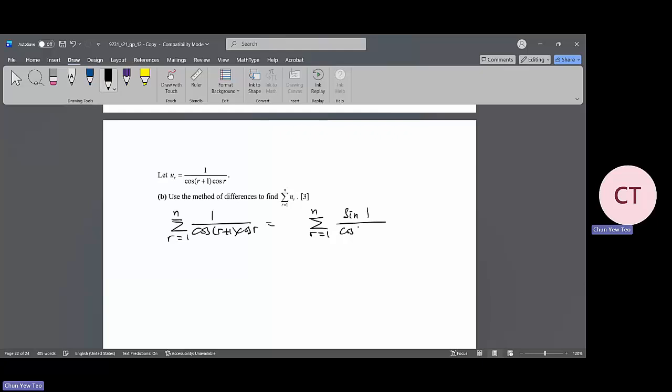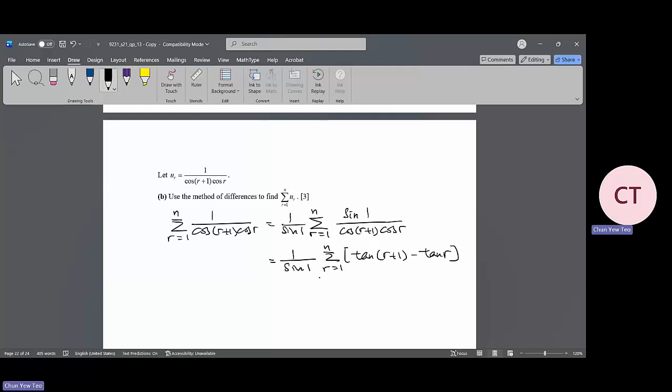So we just write this out as 1 over sin 1. Then if we use the result in part A, you can break them into tan(r+1) minus tan r.